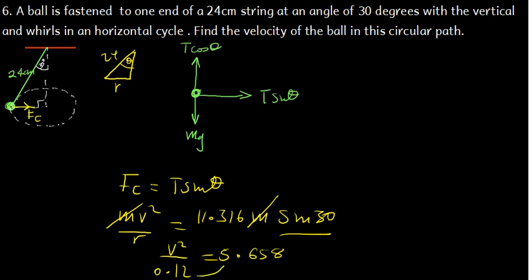So let's cross multiply these values. We're going to have v squared equal to 0.12 multiplied by 5.658. So v squared is going to be equal to 5.658 multiplied by 0.12.